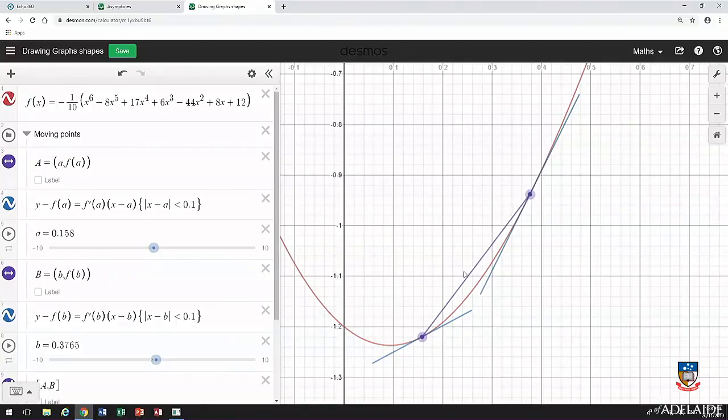So on any one of these line segments, the slope increases between here and here, no matter how small that line segment is. So if it's concave up, the slope of my graph on any interval is increasing. But the slope of my graph is the derivative. So the derivative is increasing.